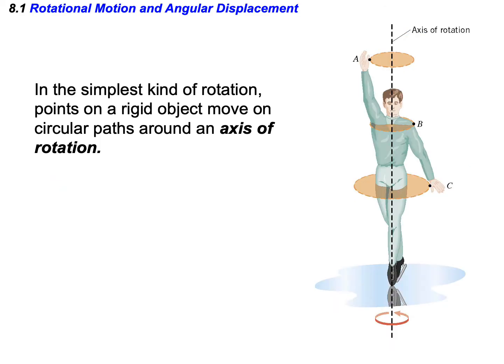Okay, here's an example of the simplest kind of rotation. Points on a rigid object. Rigid means the points do not move with respect to each other. All these points move around this axis, and the object retains its overall shape.